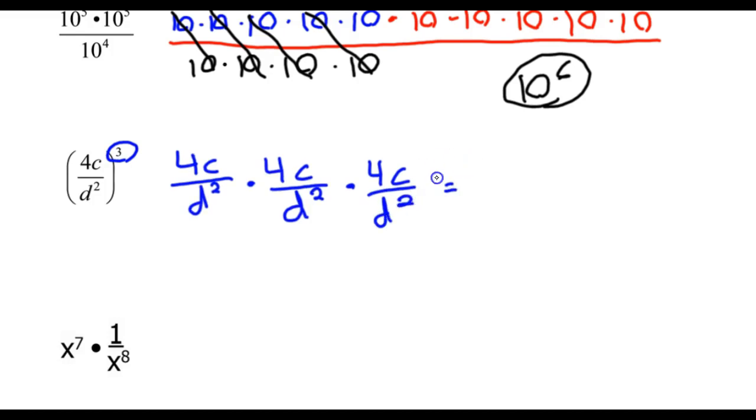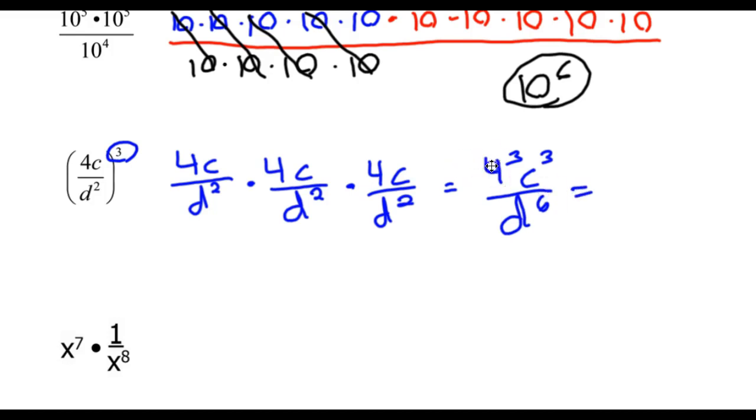Then I just got to count up what I have. So we have 4 3 times. So 4 to the 3rd power. We have c 3 times. So c to the 3rd power. And we have 2, 4, 6 d's. So d to the 6th power.